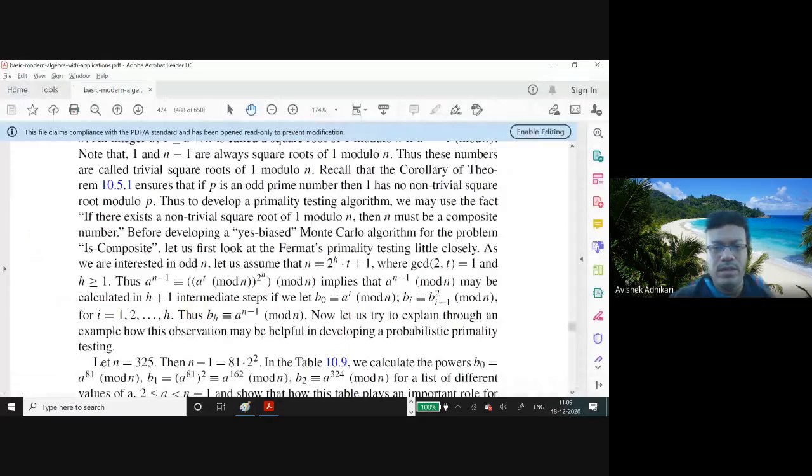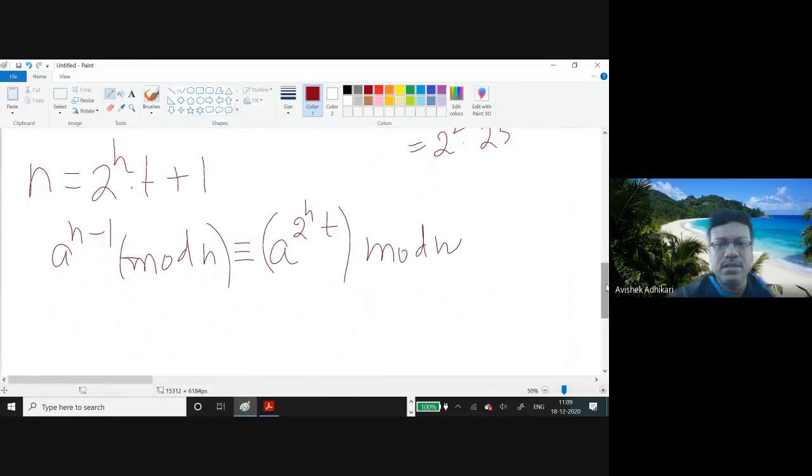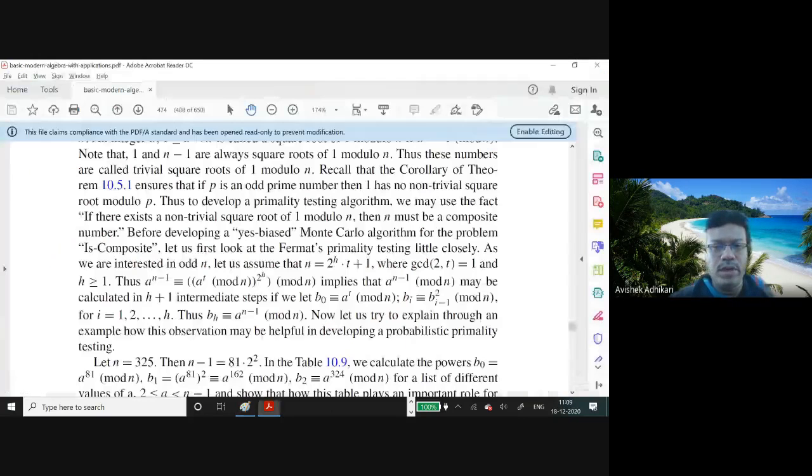So that's what I have written like this. Now you can write this as a to the power t, to the power 2 to the power h, modulo n. Or you can put it as a to the power t modulo n, all to the power 2 to the power h.